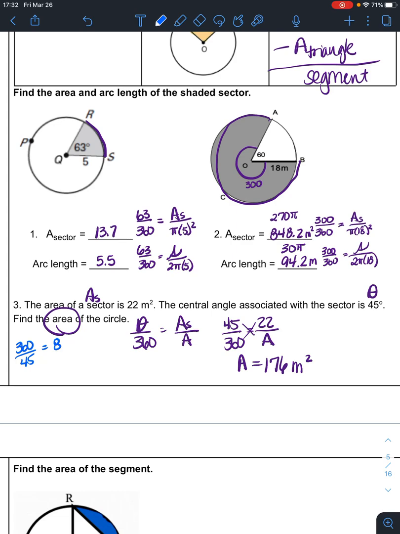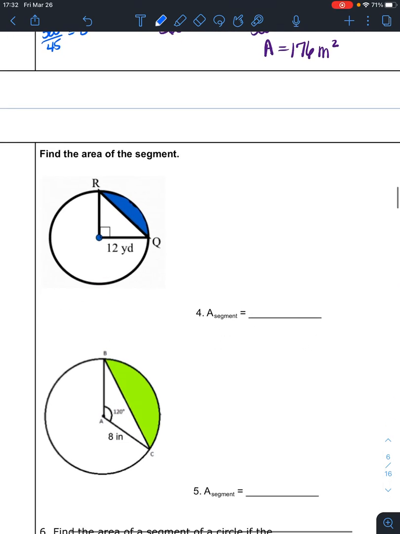If I take that 176 and divide by 8, that's 22. So I could take 22 and multiply it by 8 and I get 176. That would be the whole circle, because there are 8 pieces that are 45 degrees. So that's another way you could logic through it if you wanted to. If that makes sense to you, it's helpful to think about it that way.